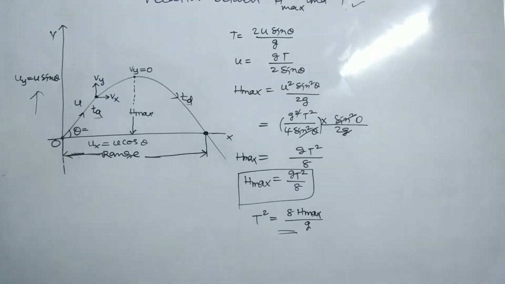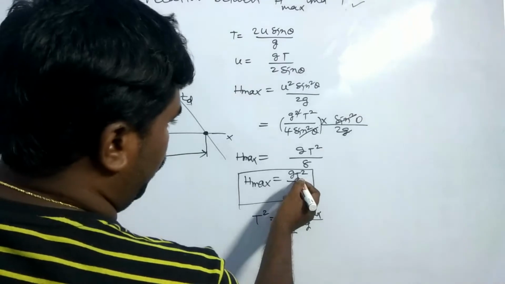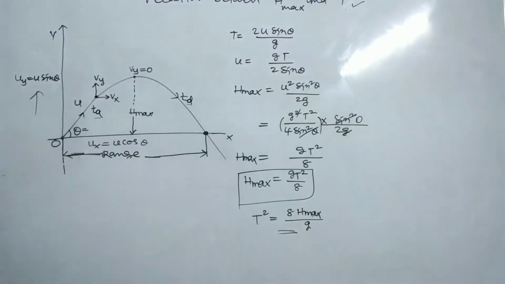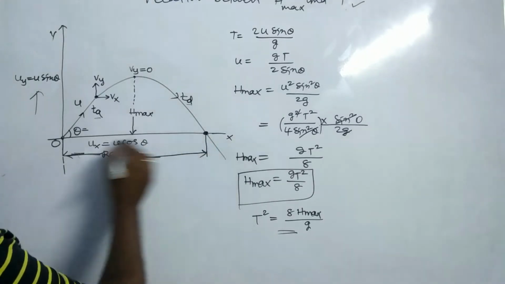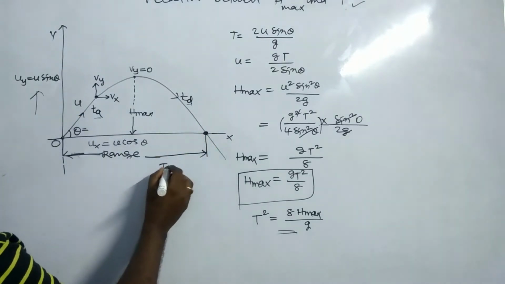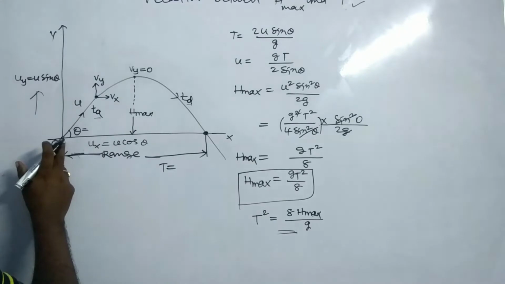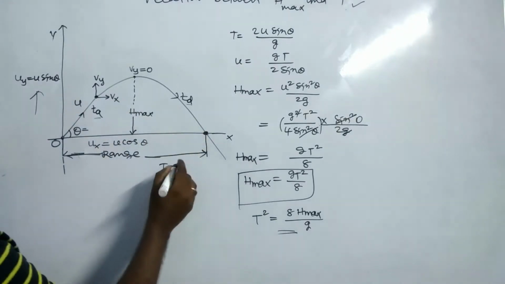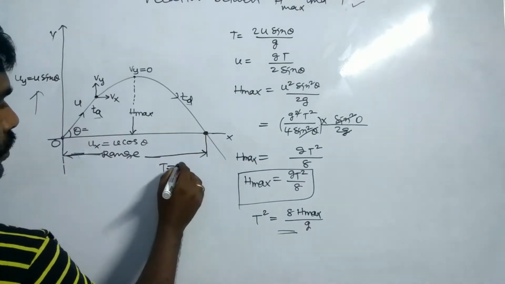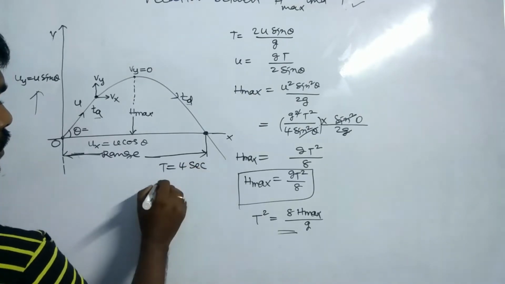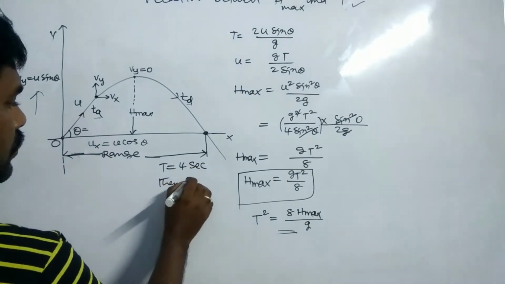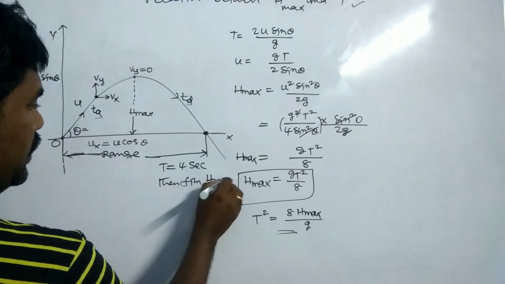So if the time of flight is given to us, then you can find the h maximum. For example, the time taken by the projectile to reach the ground point is 4 seconds. Then find the maximum height of the projectile.